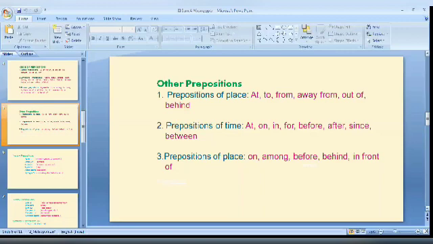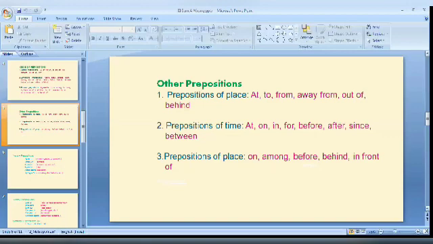Sometimes some prepositions tell about time. They indicate time. And interestingly, in the first group we have it, and in the second group we have it also. Because it is such a preposition, according to the context we use it with the place, and sometimes we use it with the time.